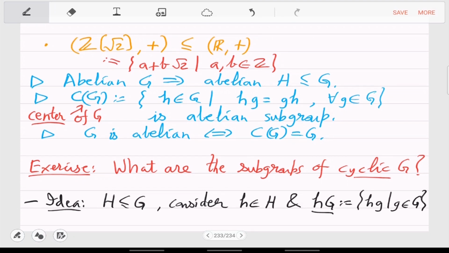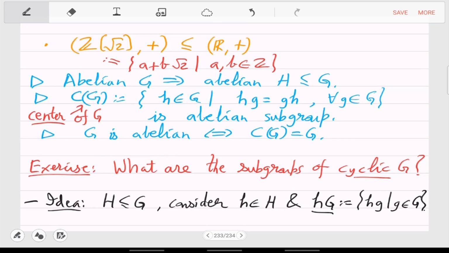So what do you think this will be? For us, you take a subgroup element and you multiply it with everything. So basically, when g is in H, then hg will also be in the subgroup H. But if g is outside H, then you don't know. I mean, the product also may be outside H.